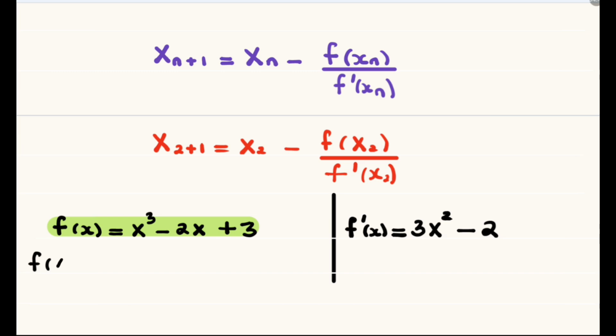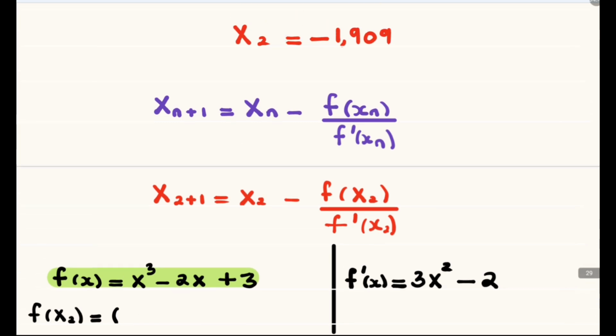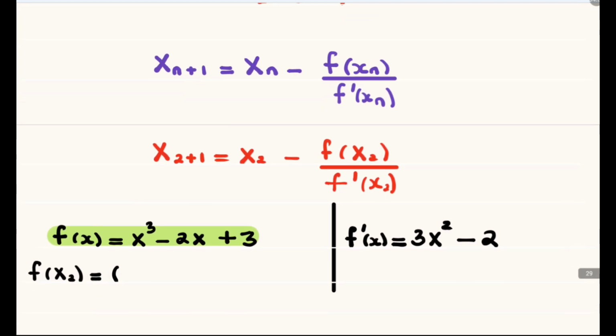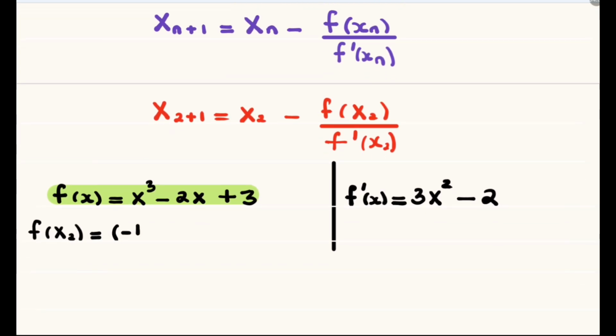Our f of x2, which was equal to negative 1,909. So we have negative 1,909 raised to the power 3 minus 2 multiplied by negative 1,909 plus 3, and this will be equal. So let's determine the other side.